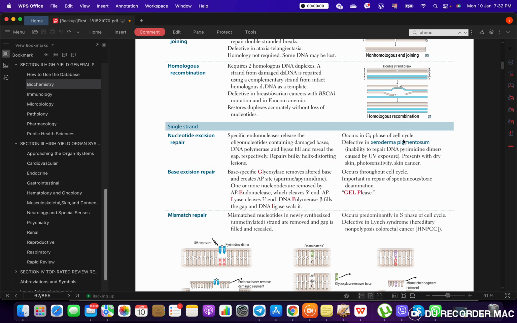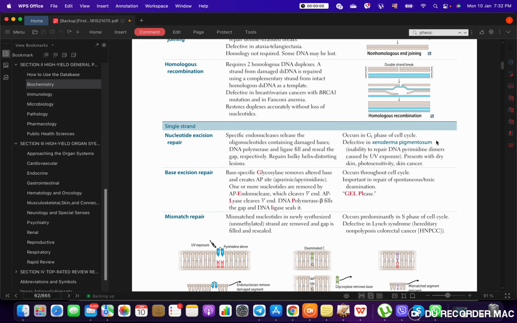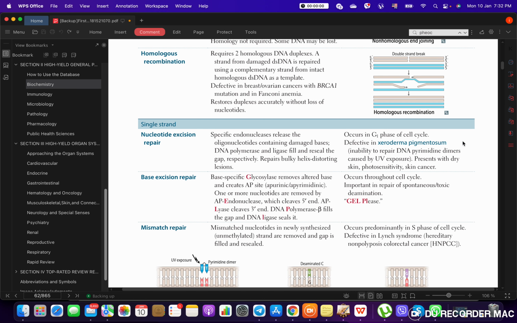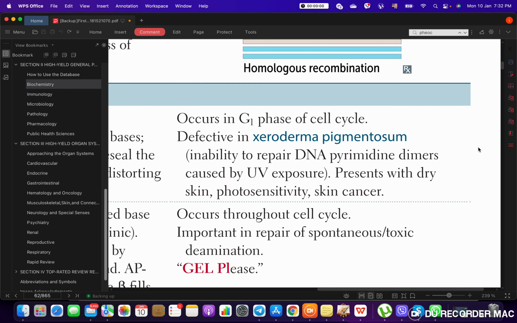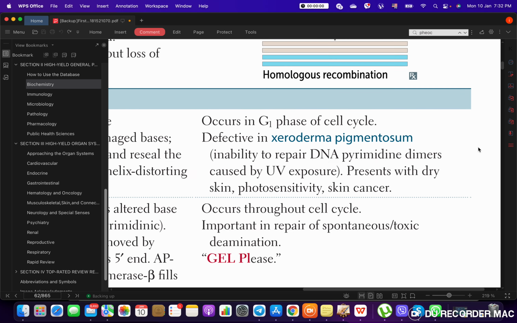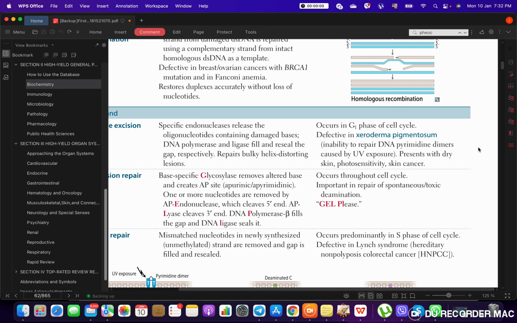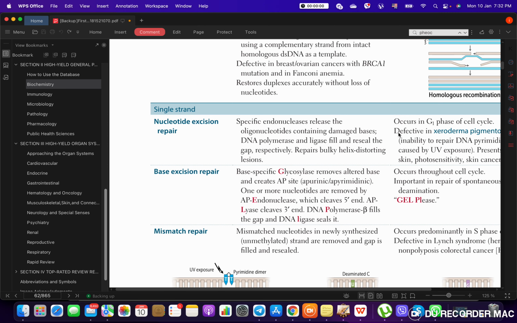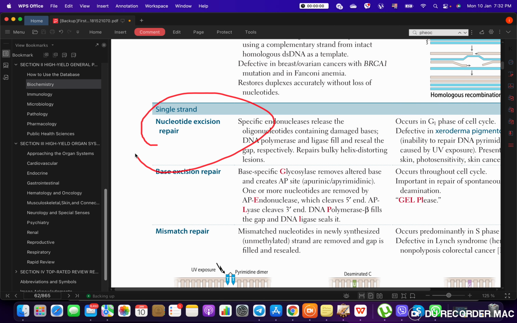Nucleotide excision repair occurs in the G1 phase of the cell cycle. It's defective in xeroderma pigmentosa. This disease, xeroderma pigmentosa, we heard about it, though we did not speak about it fully. We will see it in another system. But what I want you to know is that in this disease, we are unable to do nucleotide excision repair.